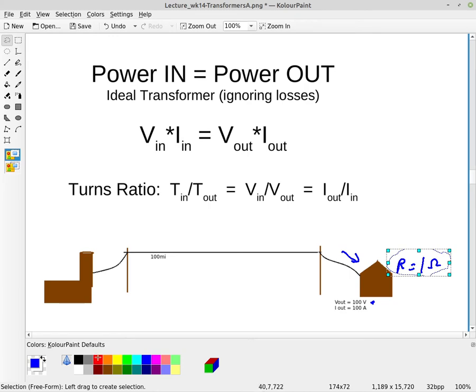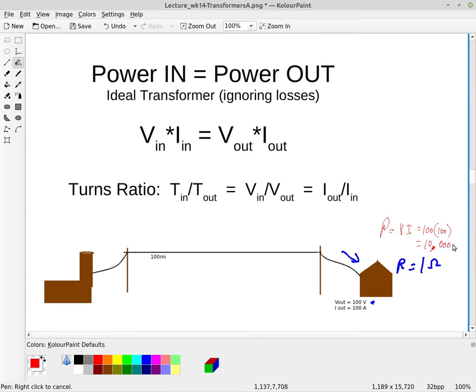Power is voltage times current, so 100 volts times 100 amps gives me 10,000 watts, or 10 kilowatts.